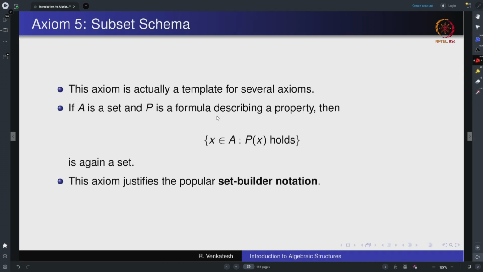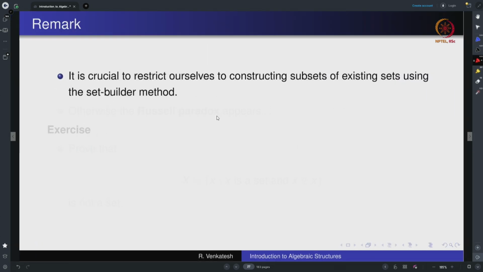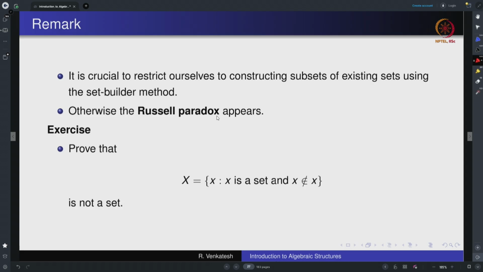Like I said, this axiom justifies the popular set builder notation that is used in practice, and it is crucial to restrict ourselves to constructing subsets of existing sets using the set builder method. Otherwise, paradoxes like Russell's paradox start appearing. Indeed, let us look at this exercise.